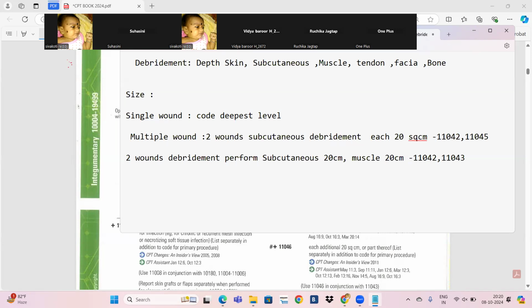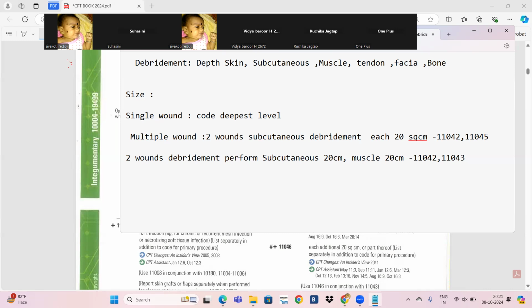In this debridement concept, you will get guideline related questions, guys, not coding. They will ask, patient performed debridement on multiple depth, how will we code on a single wound? Code deepest level, bone level means bone level.